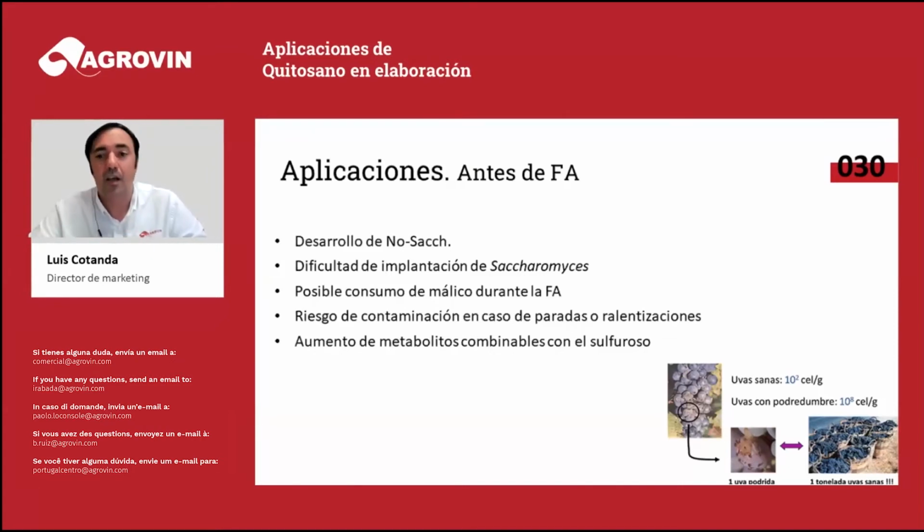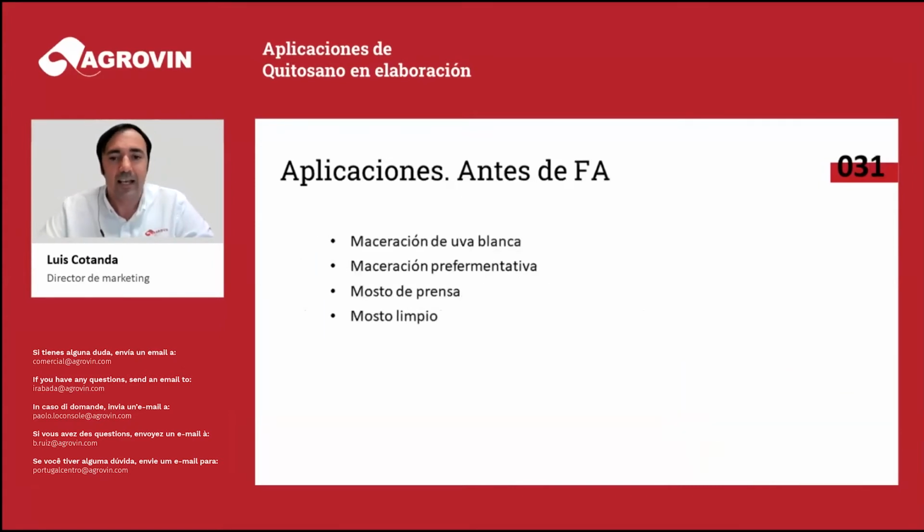This development by Saccharomyces in difficult conditions can lead to the development of lactic bacteria, and therefore we will see the start of malolactic fermentation at the same time, or maybe those yeasts would not be strong enough to finish fermentation, and that would be a case of stuck and sluggish fermentations. And we can also see the increase of metabolites that are easily combined with sulfur dioxide.